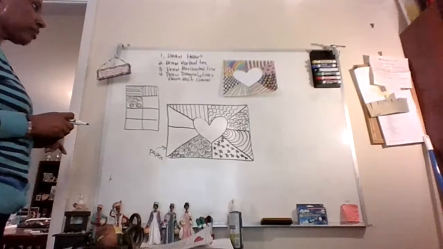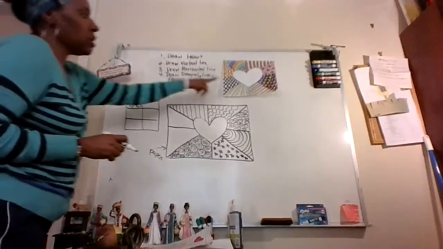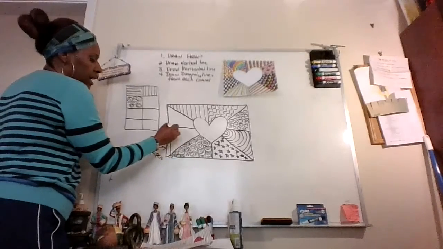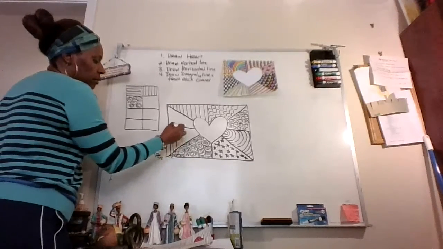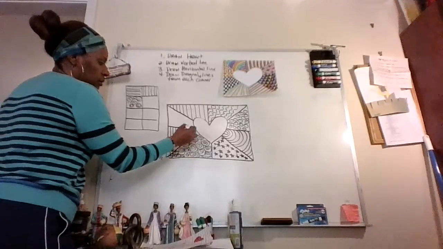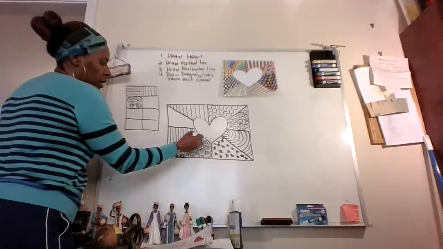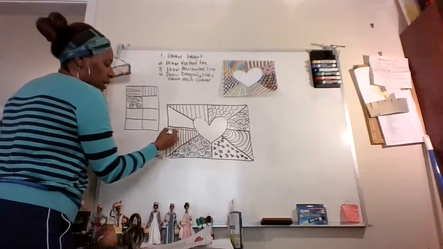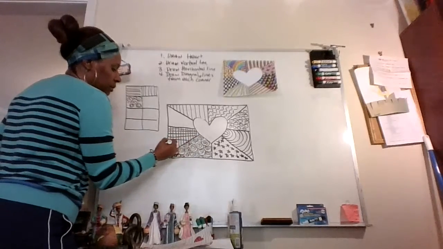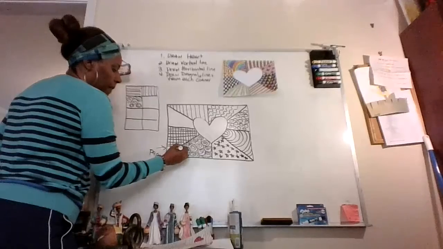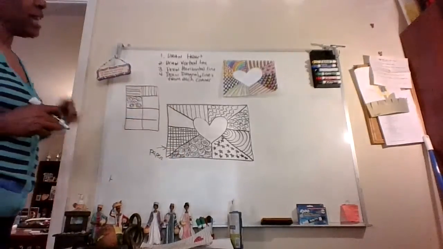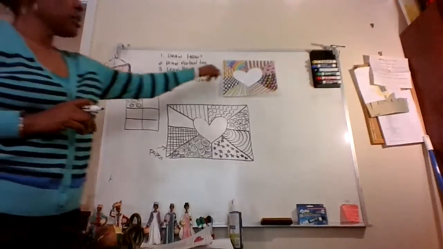The next one I'm going to do one like this one. So I'm going to do vertical lines. And then I'm going to do horizontal lines. And it's okay if it's a little bit crooked. All right, and I have only one section left, and I did hearts in that one.